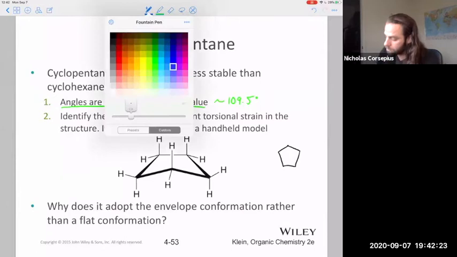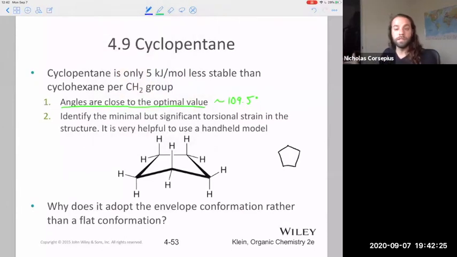Relative to cyclohexane, there is still a little bit of instability that arises from some torsional strain. If you have a model kit, you can see, but we can also just see in the diagram that they've drawn here, we have these two adjacent parallel hydrogens. So those are now in an eclipsed rotational conformation, which leads to a little bit of torsional strain.